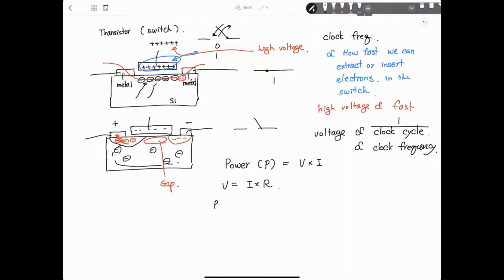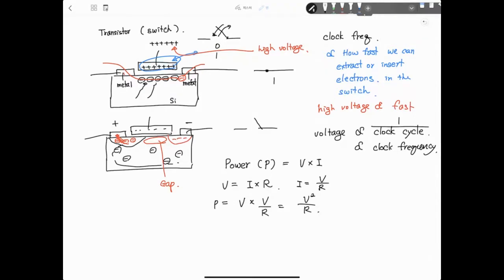So power is V times I, and I equals V over R, so power is V squared over R. So power consumption is proportional to the square of voltage.